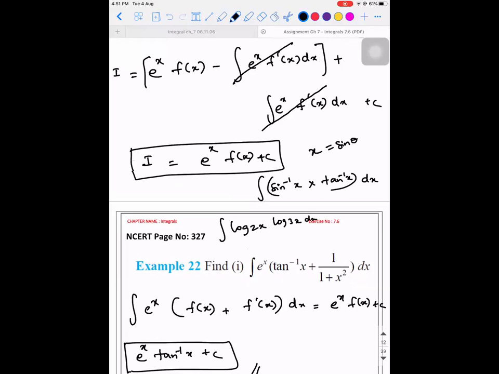What are you going to do? Here you cannot proceed. There won't be these kinds of questions, because not every function can be integrated. If at all they want to create one, they should do it in such a way that you can solve the problem. This one we can.